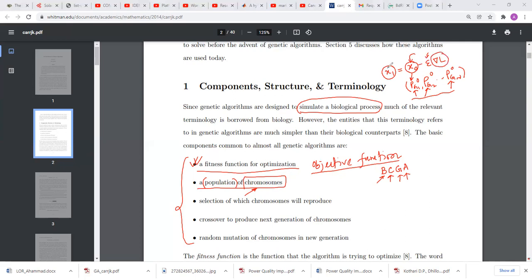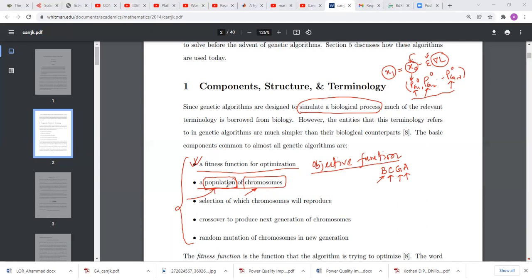Unlike that, here we will be starting with a set of initial points, a set of probable solutions. We call that family of solutions the population. Is it clear? What is the population? Yes.